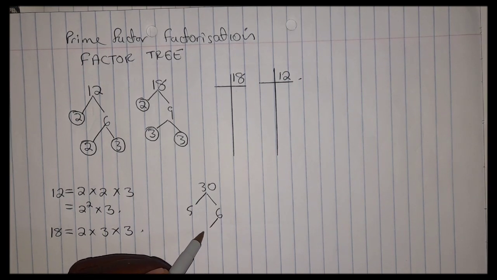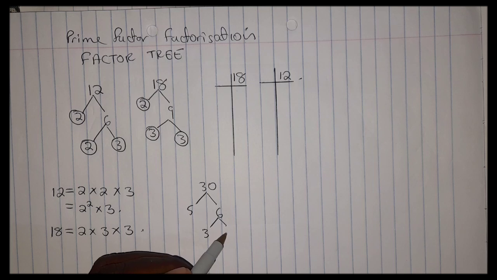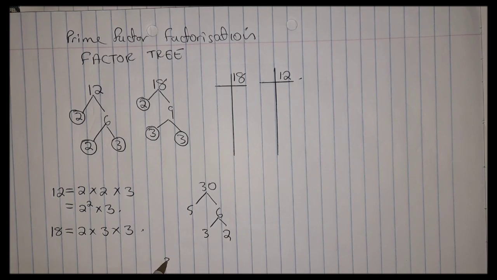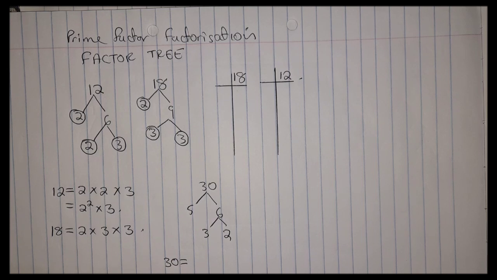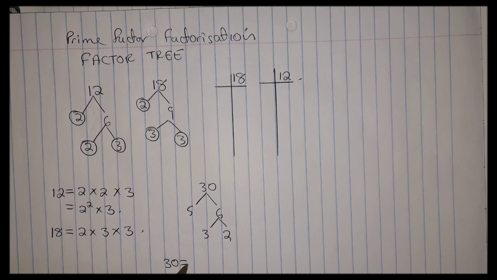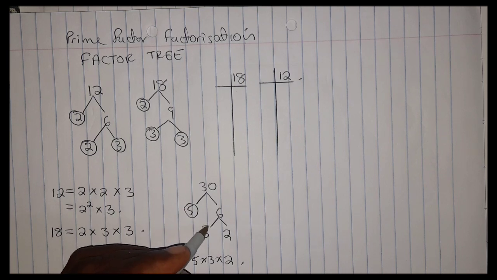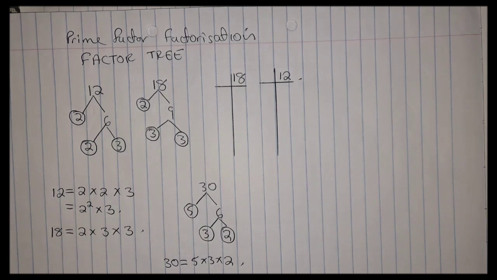And then with this 6, 3 goes in there 2 times. So 30 can be written as 5 multiplied by 3 multiplied by 2. I started with 5, so these are the prime factors of 30.